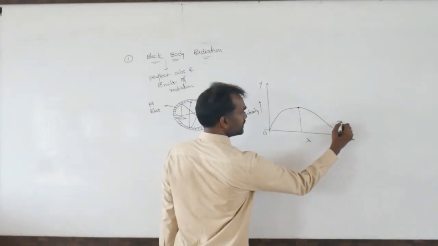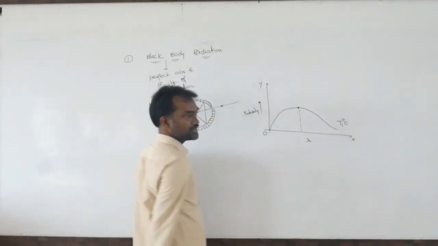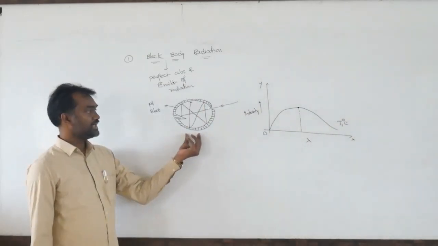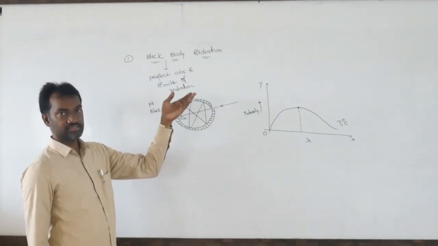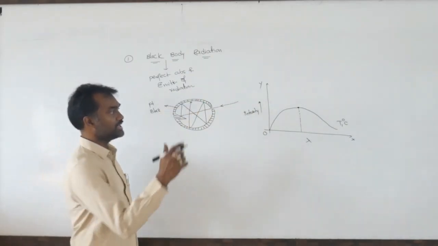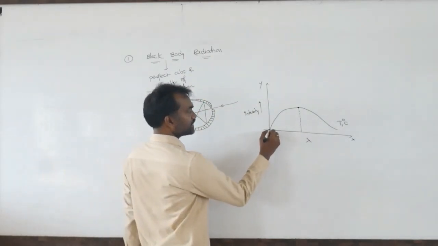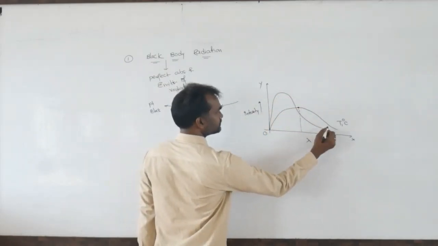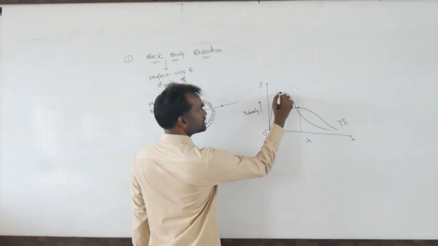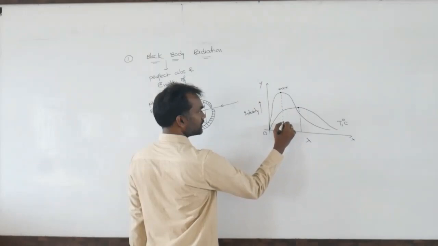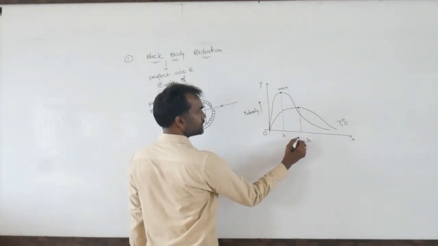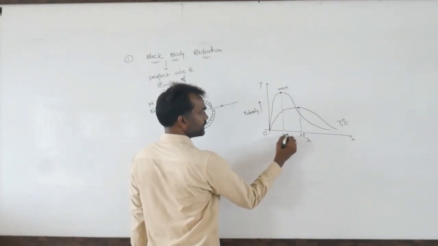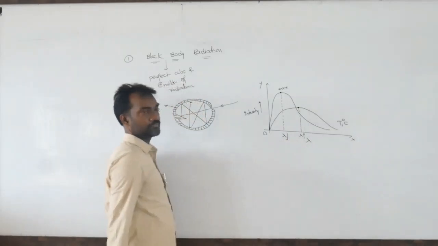This is observed at T1 degree Celsius. Suppose we heat it, so the temperature changes from T1 to T2. Then the scientists identified that the curve comes like this. That means the maximum intensity is moving towards the lower lambda side. Here is the higher lambda, here the lower lambda.